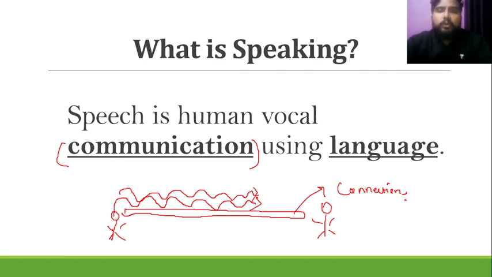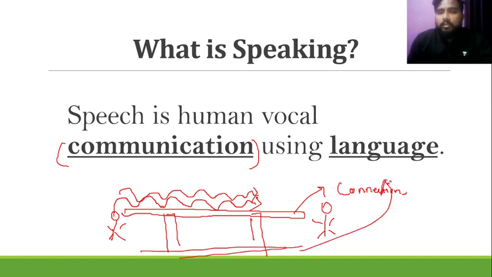The next thing you need to understand is that you have to establish the connection based on a bridge, with a firm support. This bridge's support is the language, because the bridge is only as strong as your language.